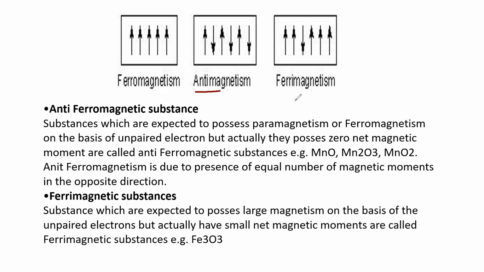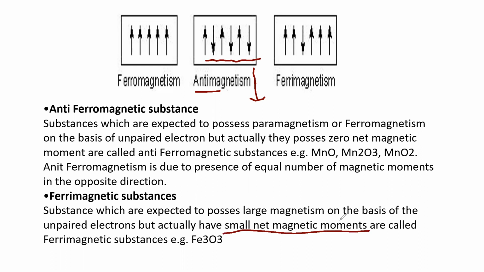Antiferromagnetism is due to the presence of an equal number of magnetic moments in opposite directions. So here you can see the alignment will be in equal opposite directions. Next, ferrimagnetic substances: substances which are expected to possess large magnetism on the basis of unpaired electrons, but actually have small net magnetic moments, are called ferrimagnetic substances.